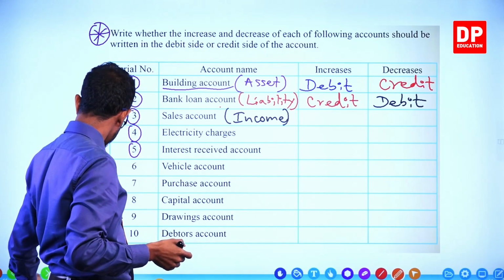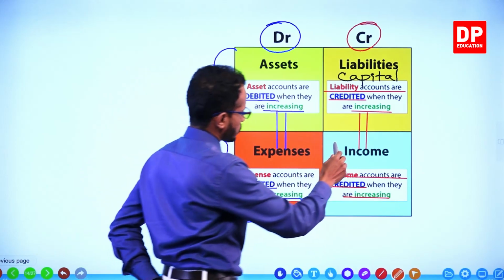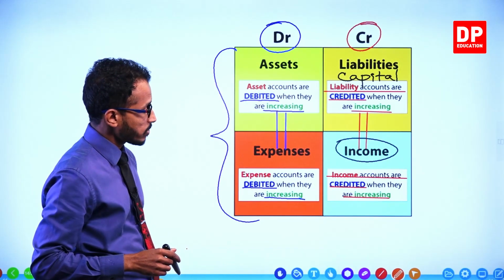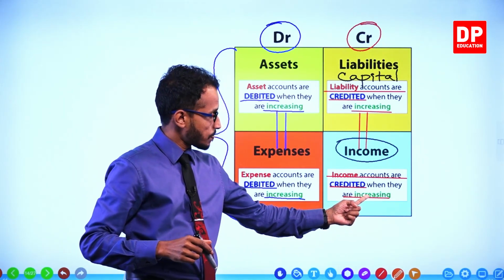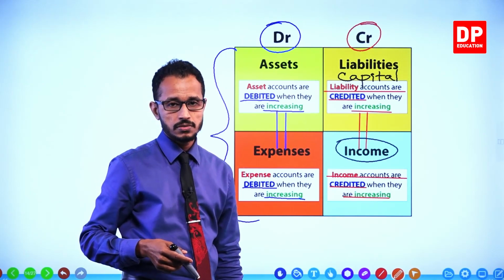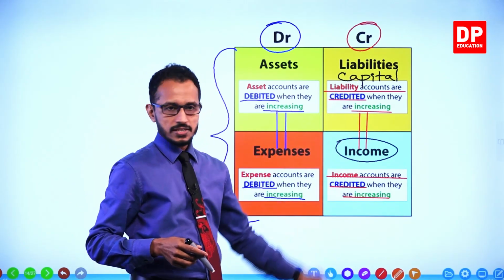Let's see the double entry rule for incomes. Incomes are here on the liability side. Increasing credit, then decreasing are obviously debit. Right? Incomes are with liabilities.